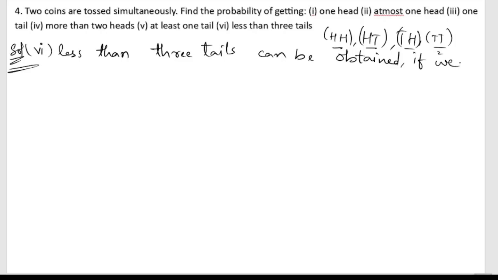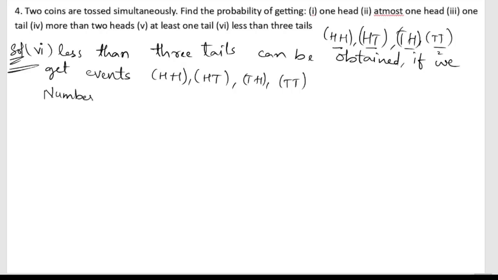If we get events like this: head, head, head, tails, tail, head, and tails, tails. So the total number of events we are getting for less than 3 tails is 4. The number of favorable outcomes we are getting is 4. So 1, 2, 3, 4.